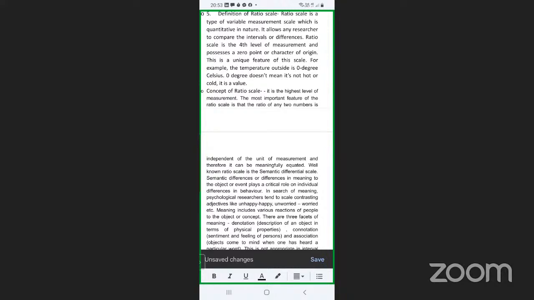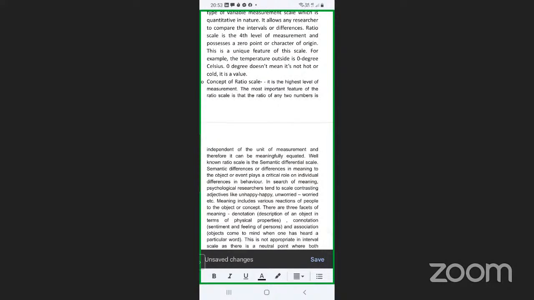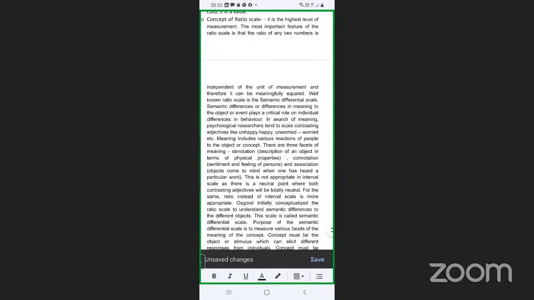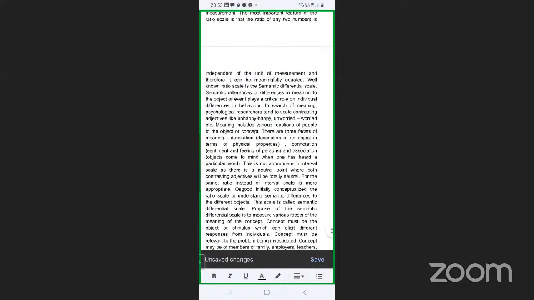Semantic differences, or differences in meaning to the object or event, play a critical role in individual differences in behavior. In search of meaning, psychological researchers tend to scale contrasting adjectives like unhappy, happy, unworried, worried, etc. Meaning includes various reactions of people to the object or concept.